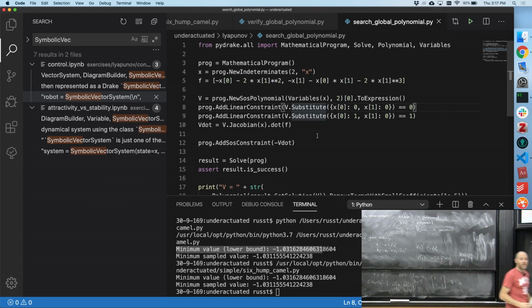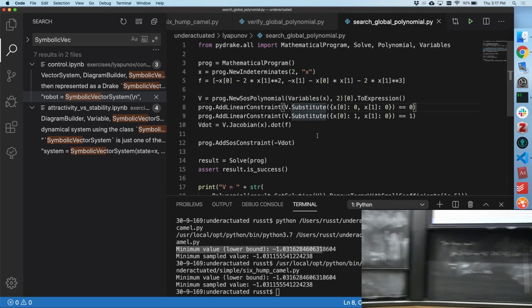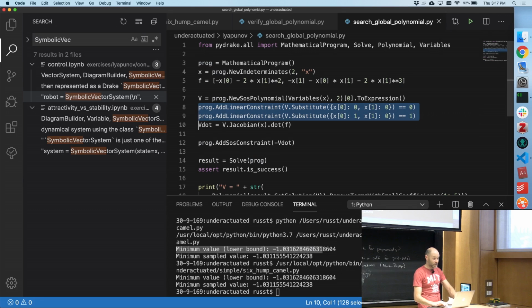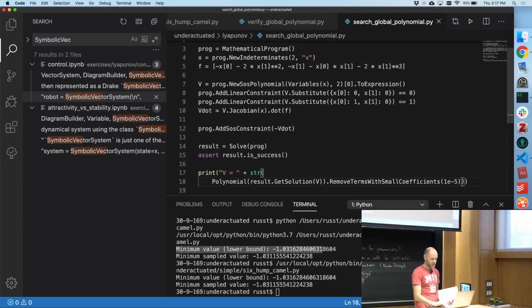That's what those next 2 lines are. Sorry to be so mobile, Tobias. Right, so this is just adding a linear constraint on v, that those things are 0 and 1, and then the rest is the same. Okay, I can run it, it doesn't assert, and it finds a v, okay? So that's pretty cool. We can now find Lyapunov functions. No sampling.